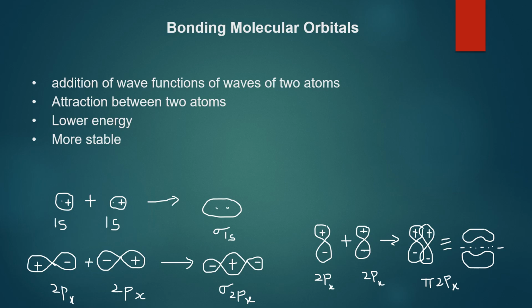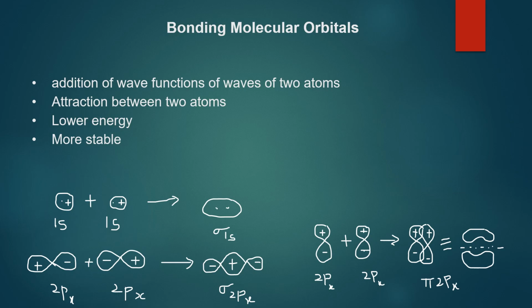In bonding molecular orbitals, the probability of finding electron in the internuclear region is greater than that of the combining atomic orbitals. Means wherever the electrons are present in the bonding molecular orbital, it results from the attraction between the two atoms.